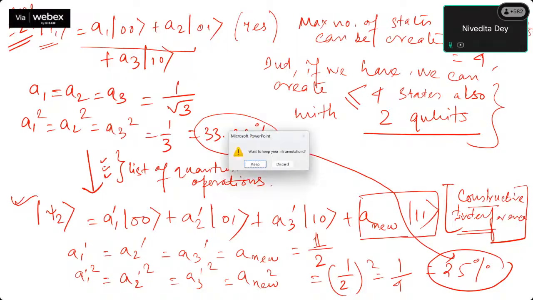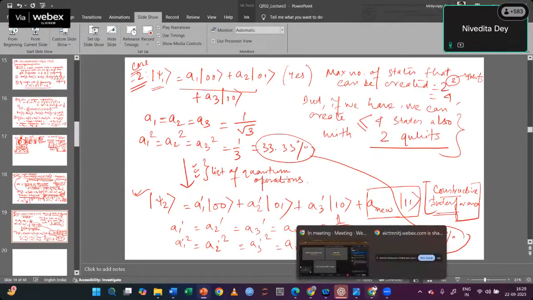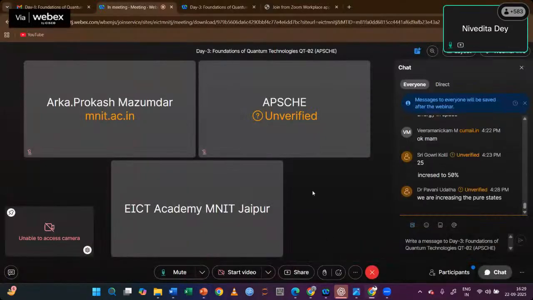Now, is it clear now? Those who were having difficulty in understanding the interference? Yes, we are increasing more number of states. Is it clear now?